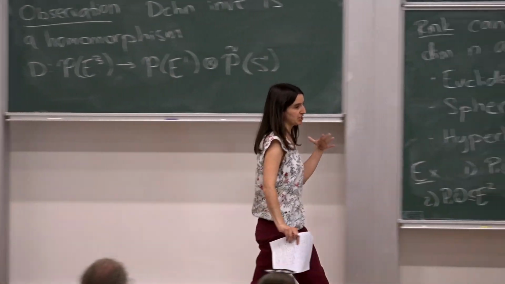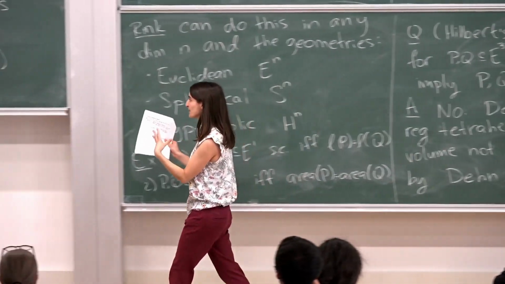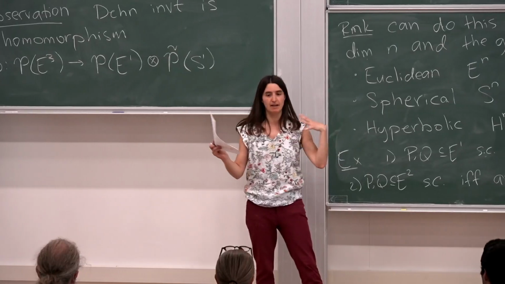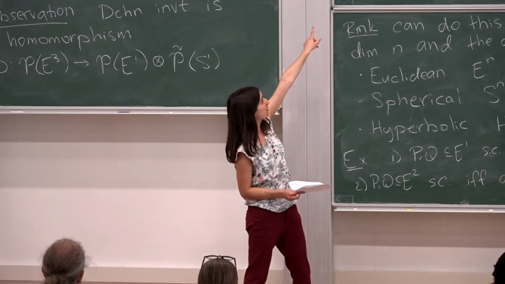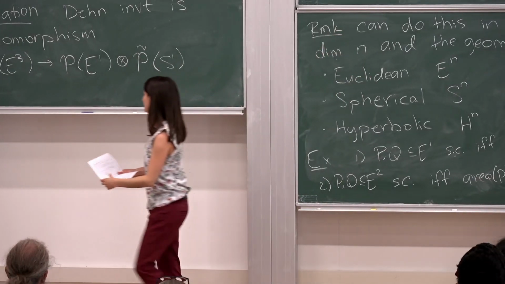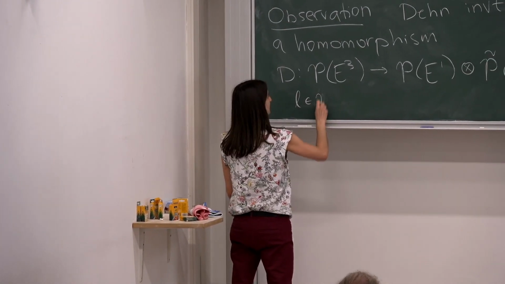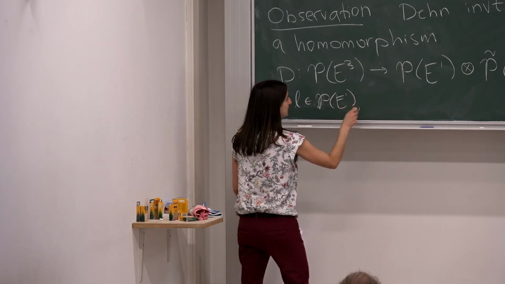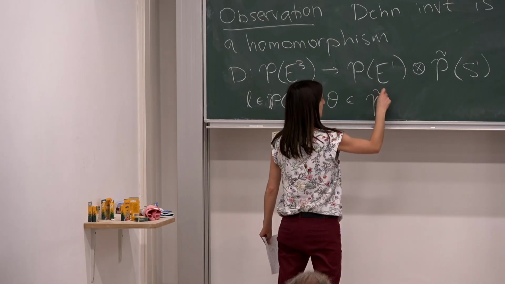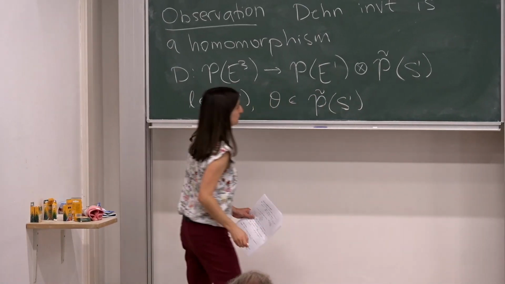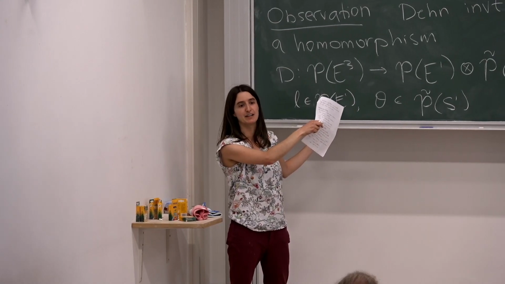So one way in which these reduced scissors congruence K-theory groups are important is that that's where these angles live. So when I talk about length tensor dihedral angle, length is going to be in P of E1, and the dihedral angle is going to be in reduced spherical scissors congruence K-theory of S1.